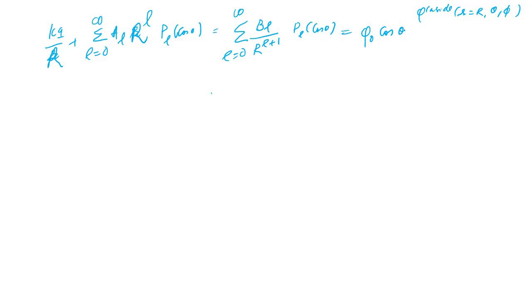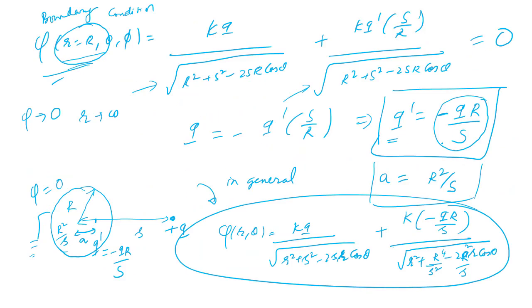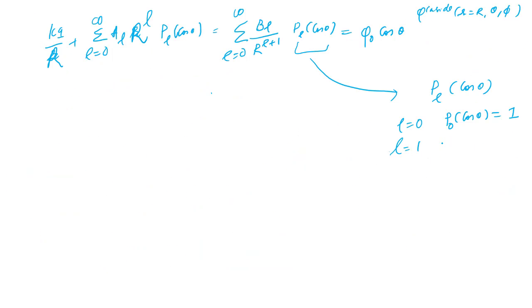So now if I look at the Legendre polynomials P_L of cosine theta, for L equal to 0, P0 of cosine theta is simply 1. You can do this from the generating function for Legendre polynomials, which we have seen in previous lectures. And for L equal to 1, P1 of cosine theta is cosine theta.